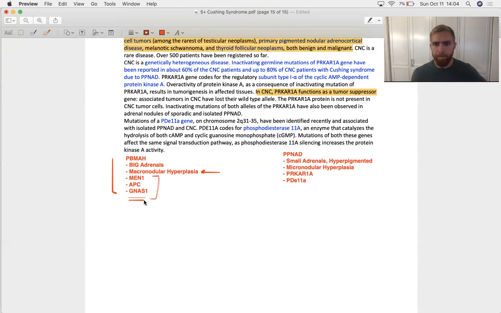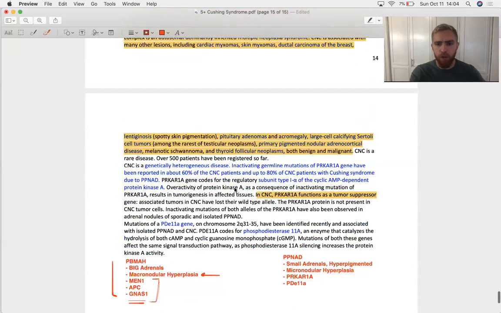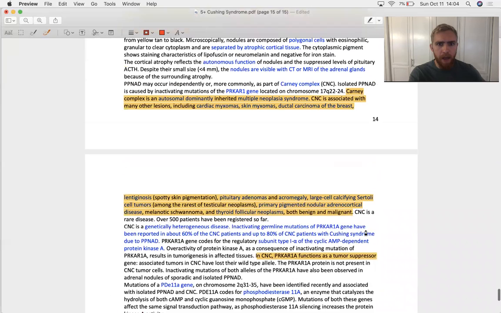Now, the primary pigmented nodular adrenocortical disease, you've got small atrophied adrenal glands that are grossly pigmented on biopsy. A couple genes, you've got the PRKAR1A and the PDE11A.